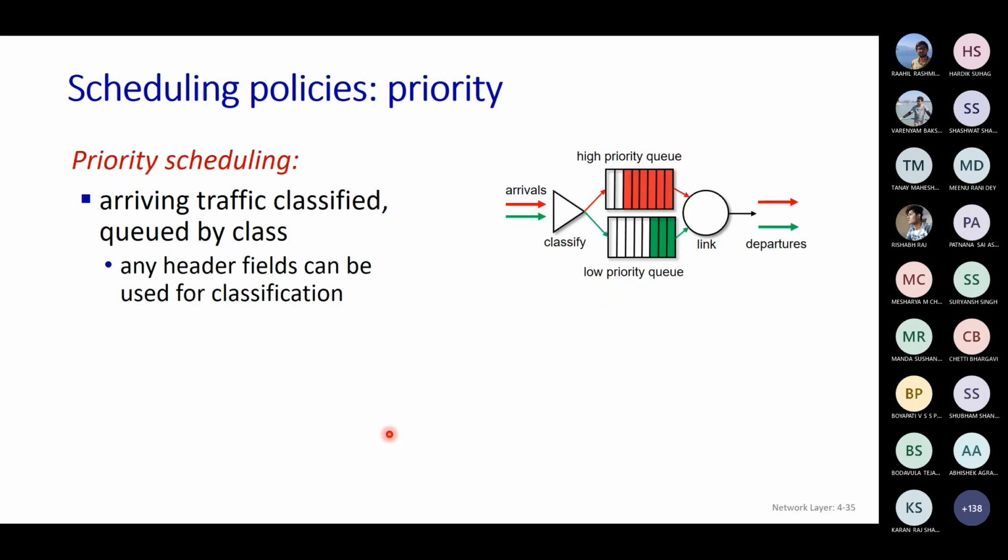Now let's take a look at this abstraction. What's happening? Packets are arriving. After the arrival, they are classified according to the priority that the packet comes with. Depending upon that priority, they are moved to two different buffers, the low priority queue and the high priority queue, which are further connected to the server, the corresponding link layer protocol, and then there are departures.